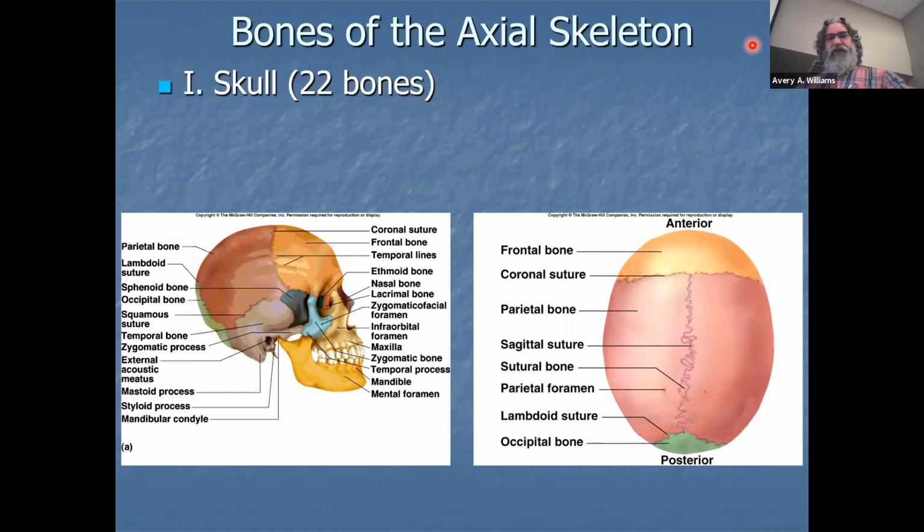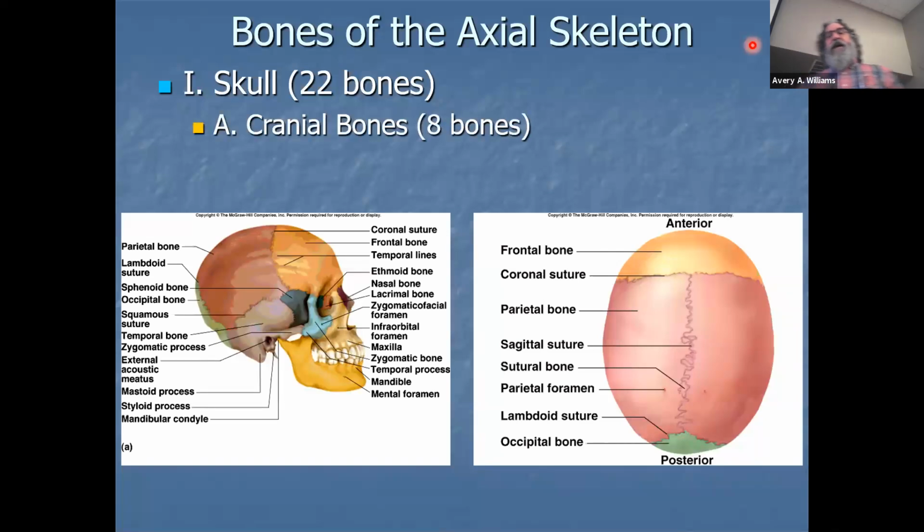the cranial skeleton, it's comprised of 22 separate bones. Now, in human anatomy, this isn't true for all the anatomy courses I teach, but in human anatomy, they typically divide the skull, the 22 bones, into 8 cranial bones and 14 facial bones.